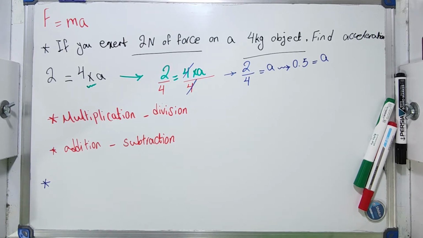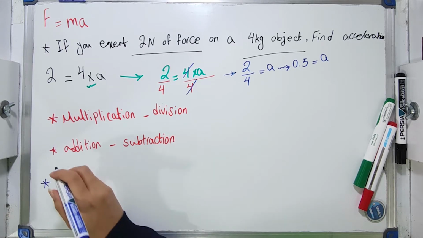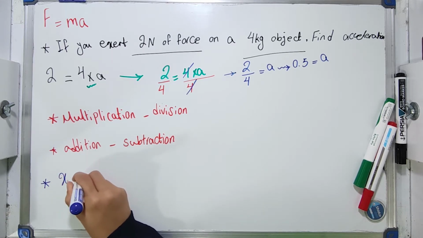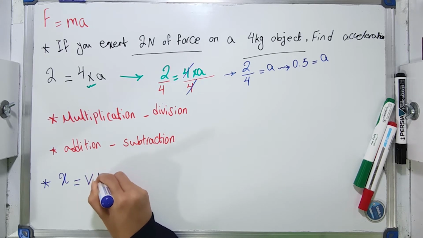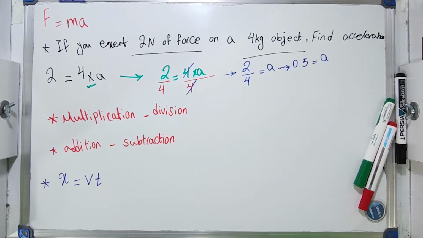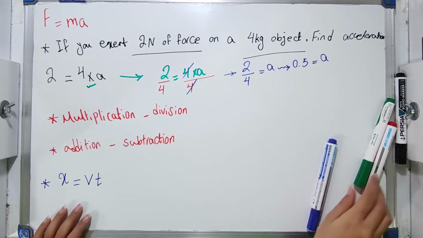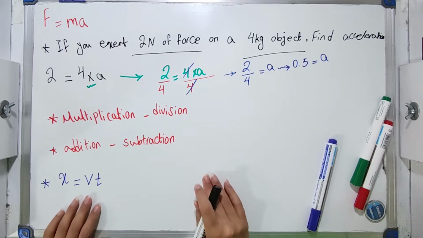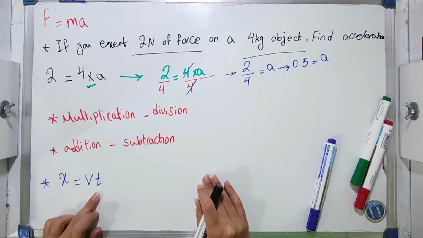In the relationship between distance, speed, and time, you can say x is equal to vt. Now imagine that we are going to solve this equation for v.